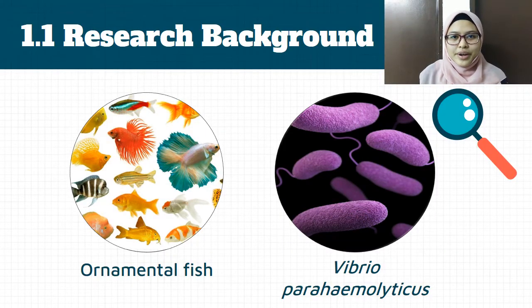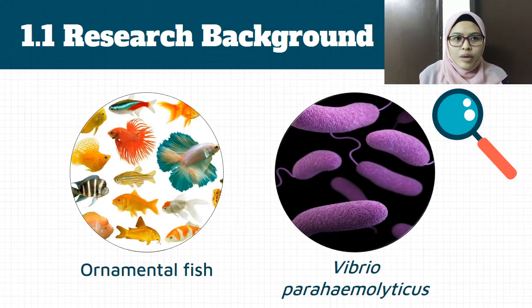1.1 Research background. The research background for this study is about ornamental fish and Vibrio parahaemolyticus. The ornamental fish industry has contributed billions of dollars of market value in the world. Many developing countries have recognized the economic value of ornamental fisheries in terms of employment generation and livelihoods.